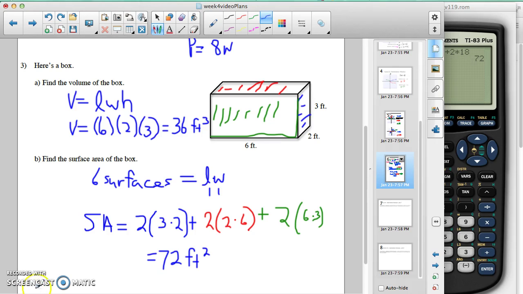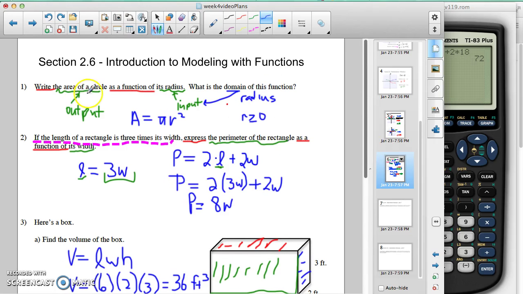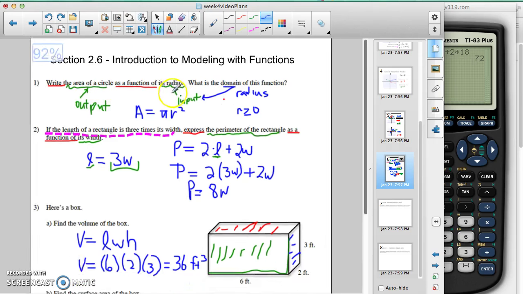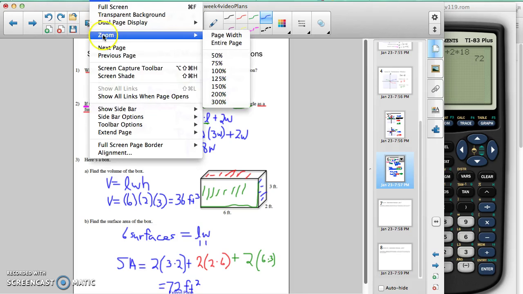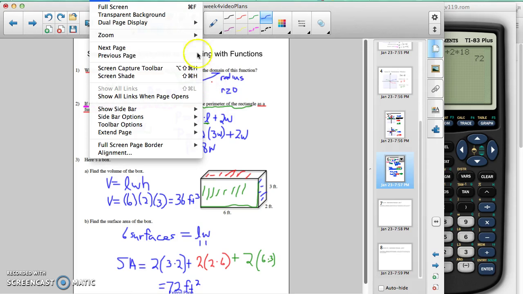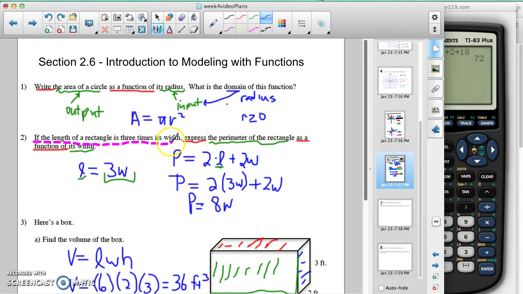So that's what the first part of this worksheet covers: writing some output as a function of an input. And sometimes in doing so, we have to use a relationship.